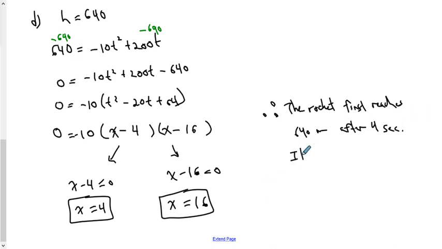It's above this height for 12 seconds, from 4 to 16.